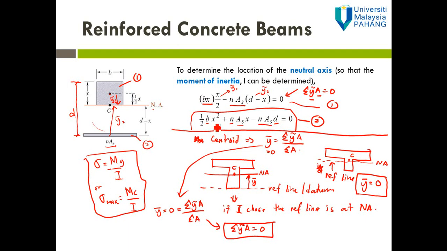So from this equation, we can determine x. Once we know x, we know the location of the neutral axis. So this is how we determine the neutral axis, by determining the value of x.